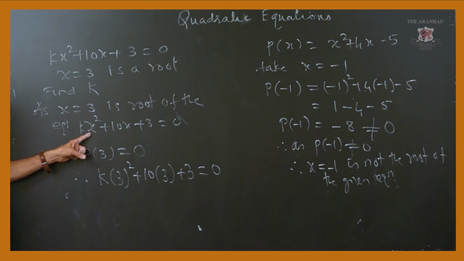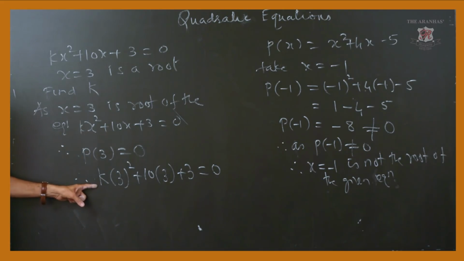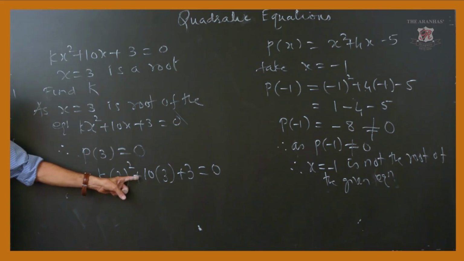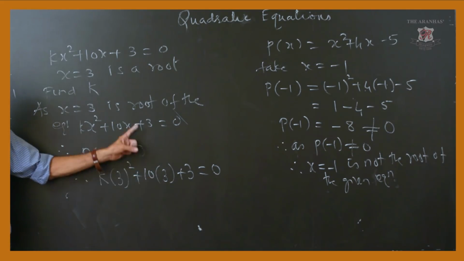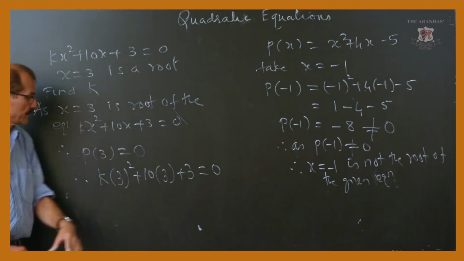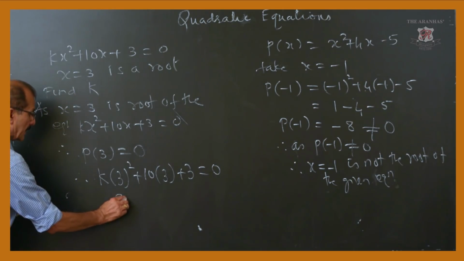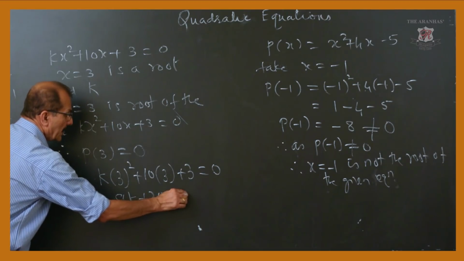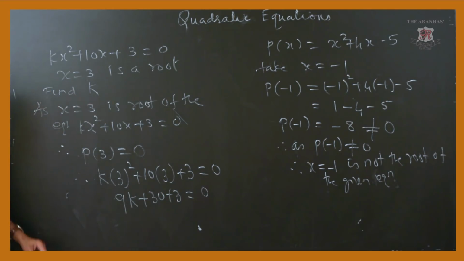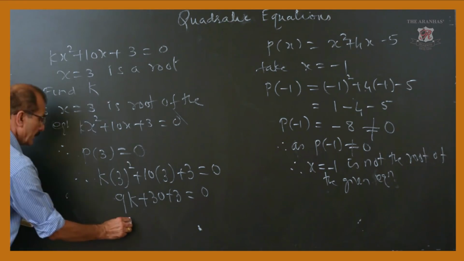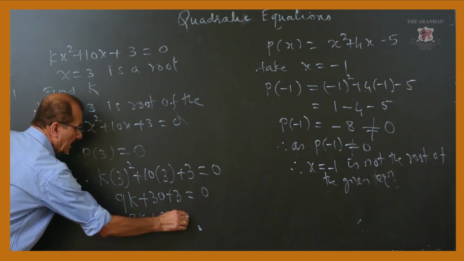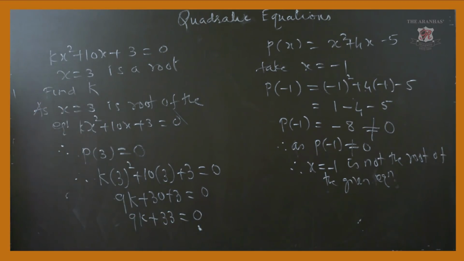In that you put the value of x equals to 3, k will remain as it is, x means 3 square, so square it, plus 10 into x is 3 plus 3 equals to 0. So, you get here 9k plus 30 plus 3 equals to 0. 9k plus 33 is equals to 0.